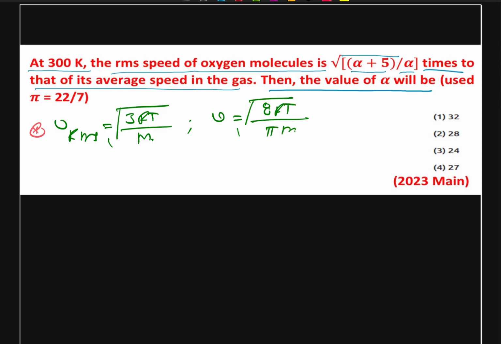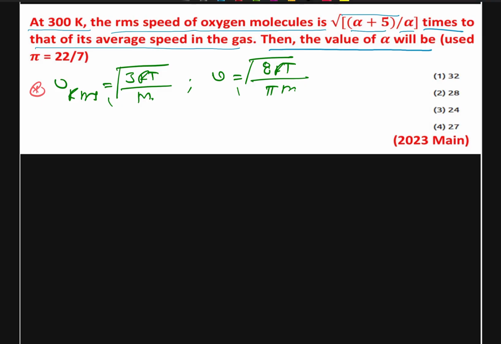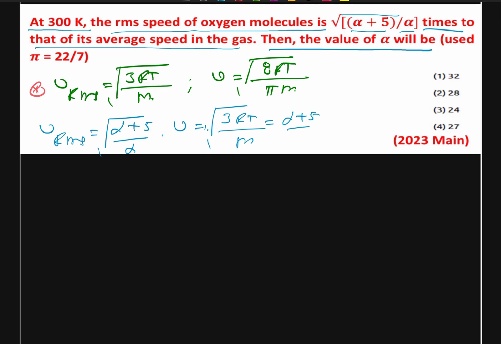According to the question, V_rms is equal to the square root of alpha plus 5 divided by alpha times V average. So we substitute, and we get the square root of 3RT by m is equal to the square root of alpha plus 5 divided by alpha, times the square root of 8RT by pi m.